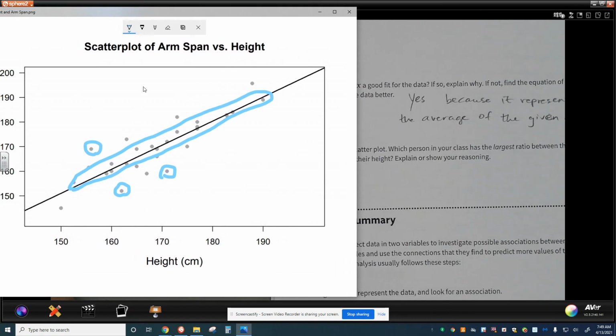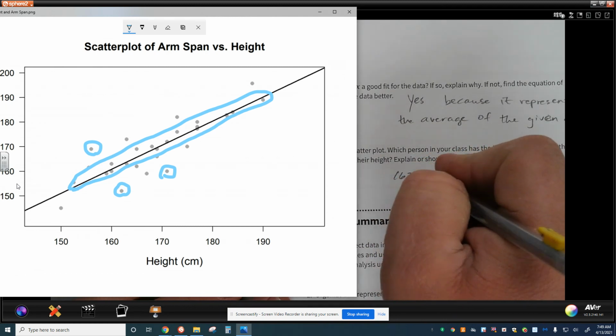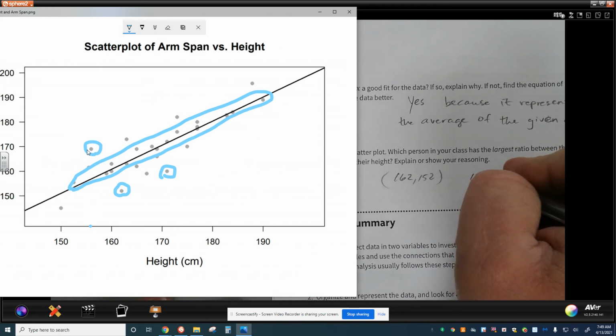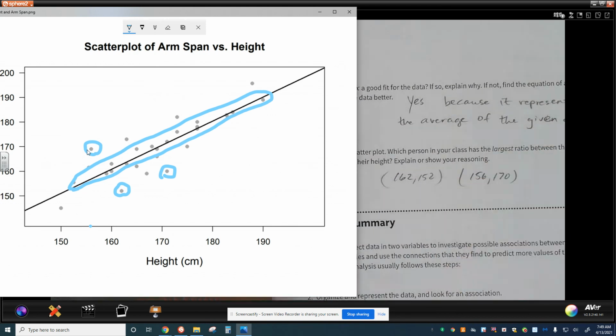We recognize somebody that has a value right here of approximately 162 for their height, but their arm span is maybe only 152. And you see there's a little difference there. You talk about this person right here, it's maybe 156 on their height and 170 on their arm span.